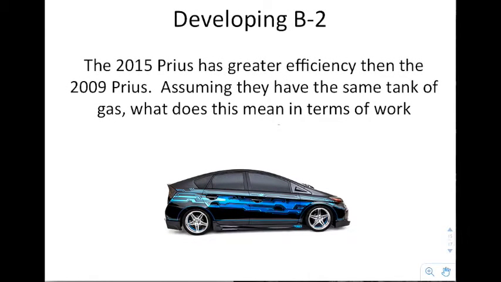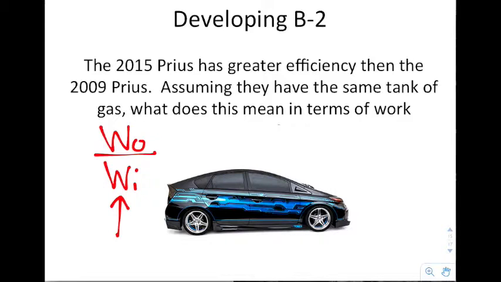The statement is that the 2015 Prius has greater efficiency than the 2009 Prius, assuming they have the same tank of gas. What does this mean in terms of work? Let's say they have the same work input. They have the same tank of gas, so they put the same amount of energy into the car.